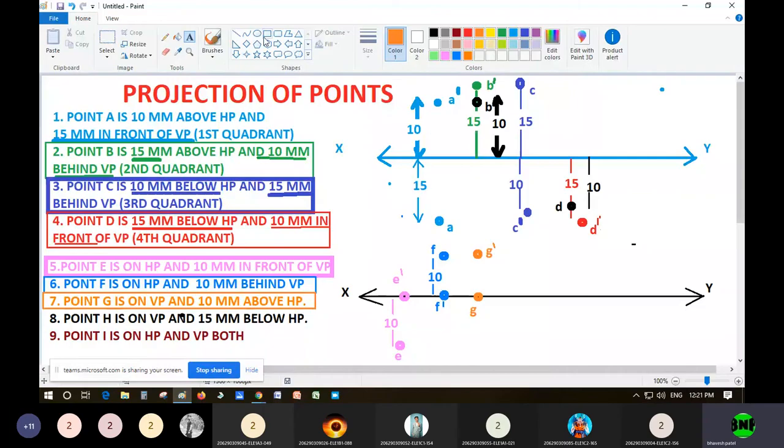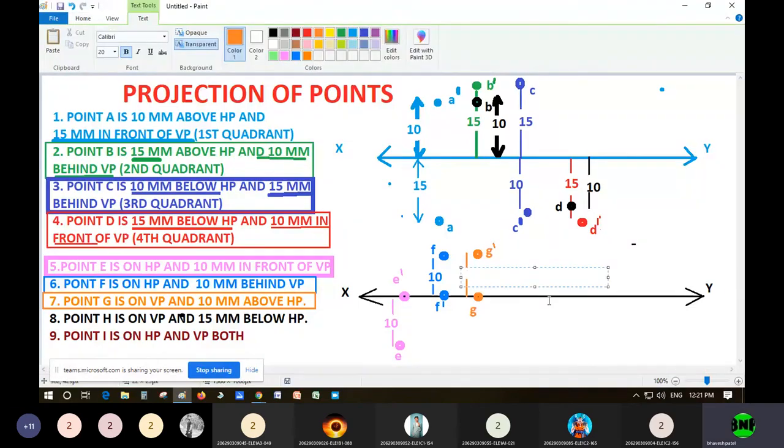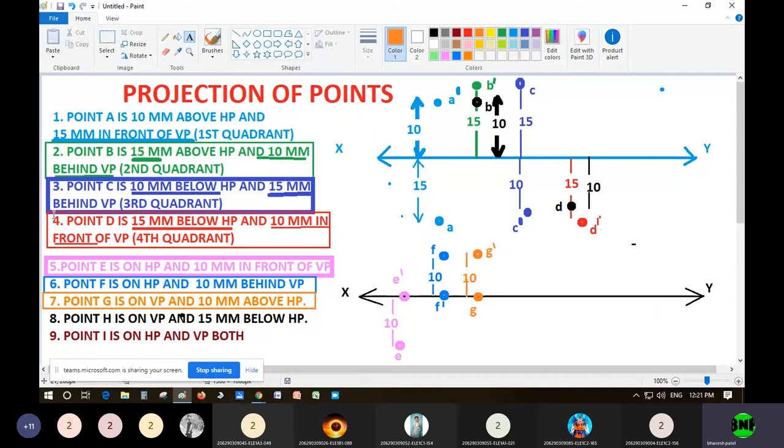And what is the distance? That I will draw. So this is also 10 mm. Okay, so the seventh problem also we have solved.